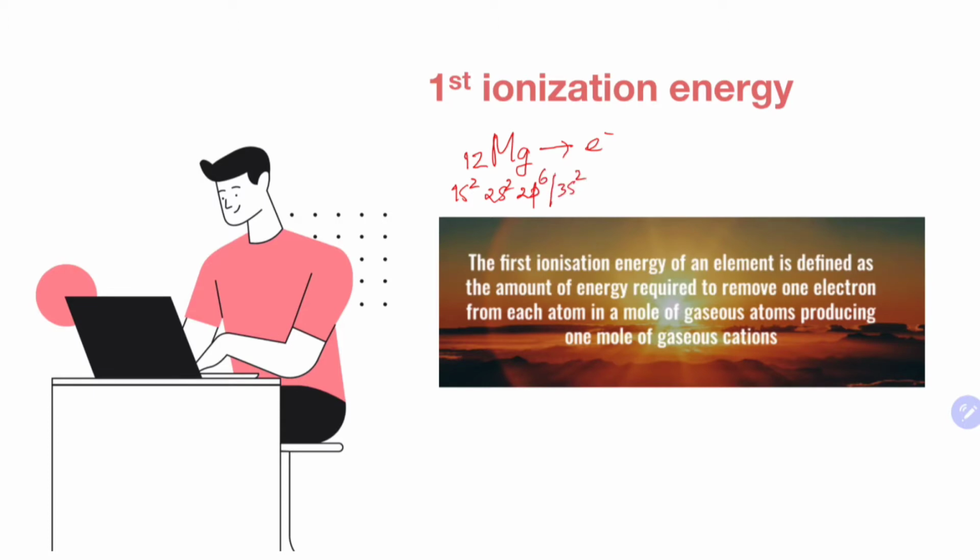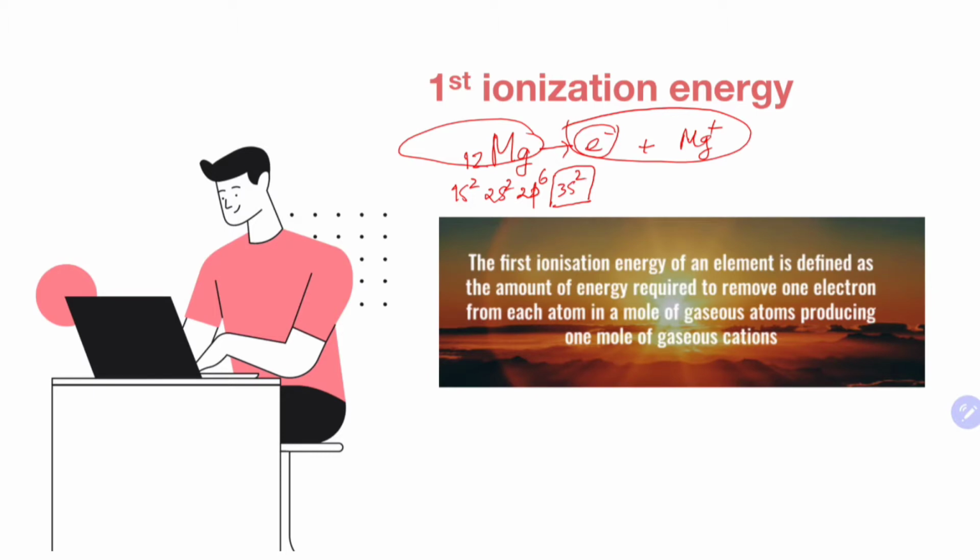Here, the outer shell is 3. There are 2 electrons. When only one of these 2 electrons in this 3s is released, then the Mg becomes Mg plus. Neutral, here neutral. 1 minus, 1 plus.